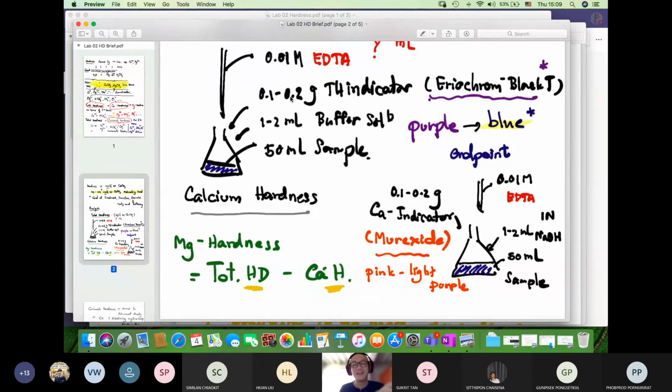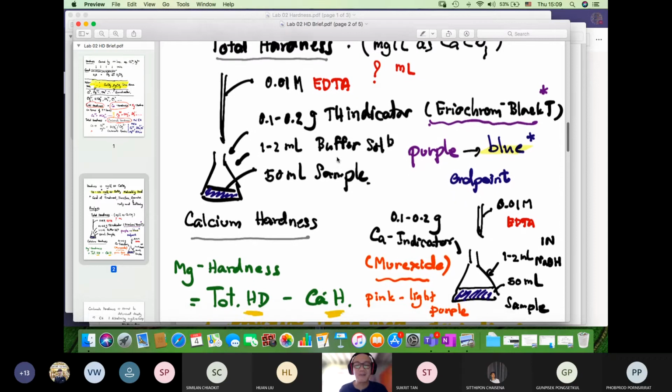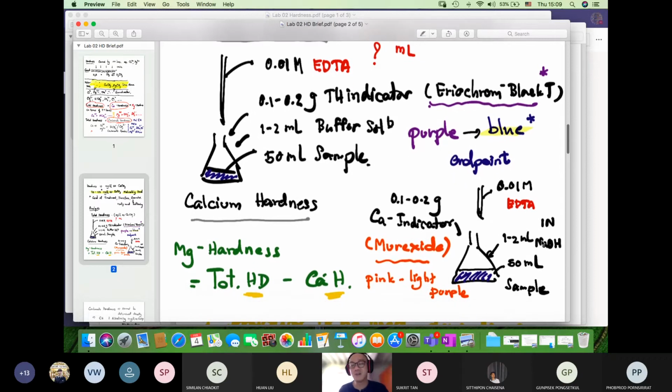But the thing that is different between these two analyses is that for the total hardness, we use the buffer instead of sodium hydroxide. And for the indicator, for total hardness, we use Eriochrome Black T. But for the calcium hardness, we use Murexide instead.